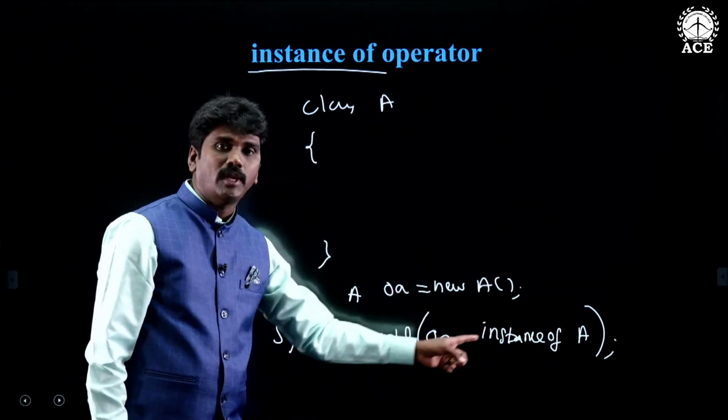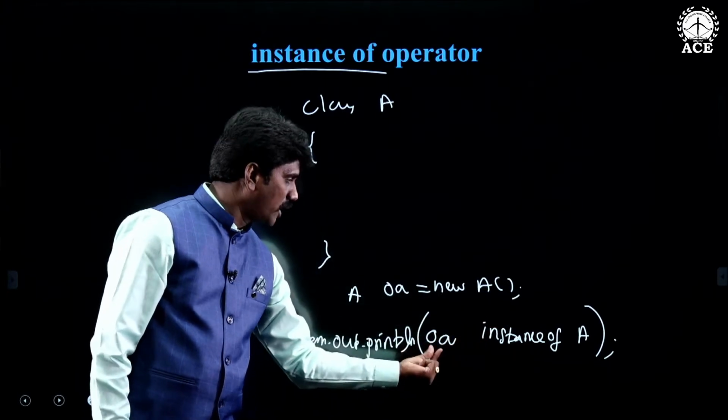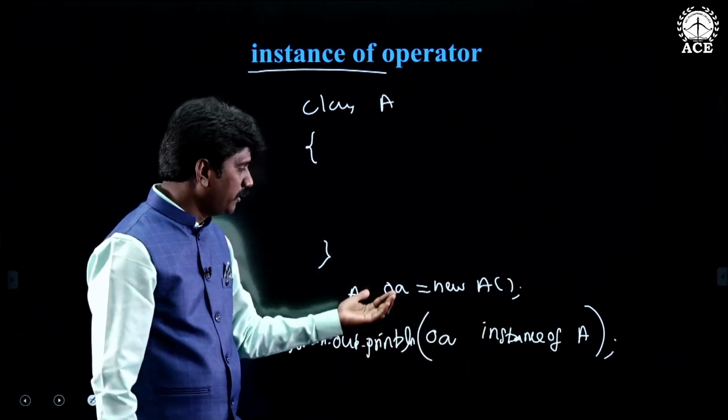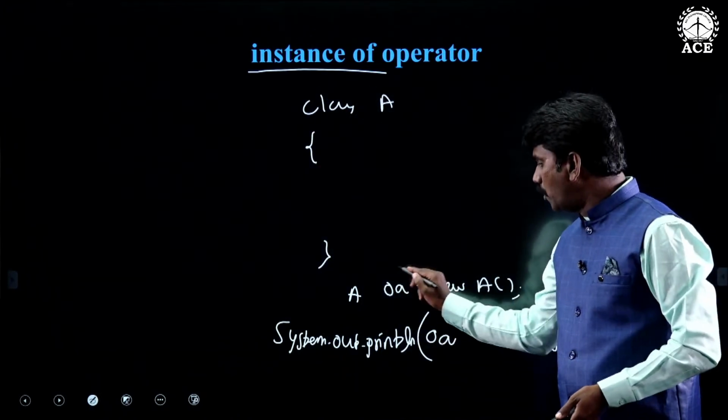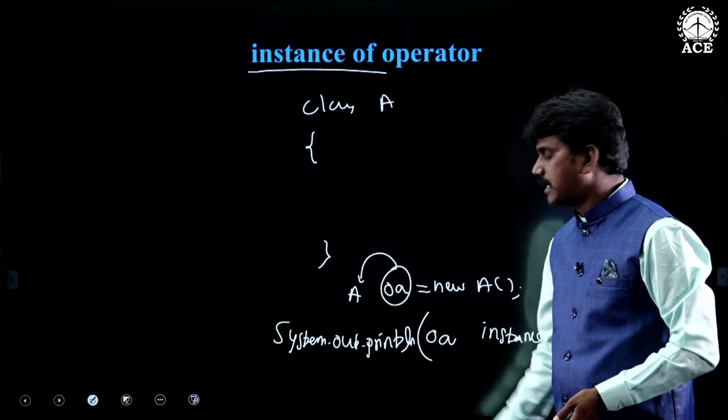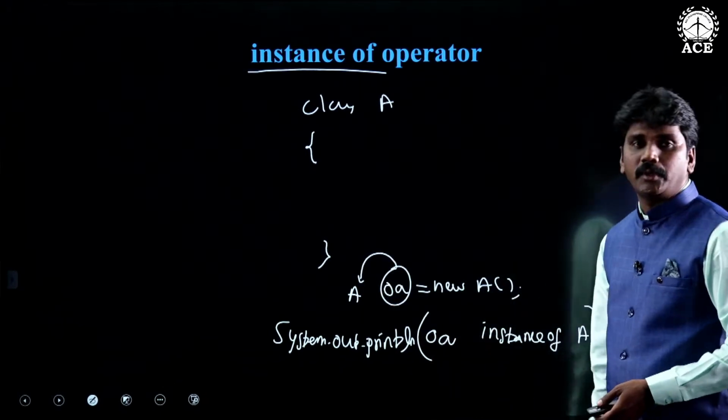To check that, we are using the instanceof operator, OA instanceof A. It is going to return true or false. Here OA is an object of the class A, so it is going to return true.